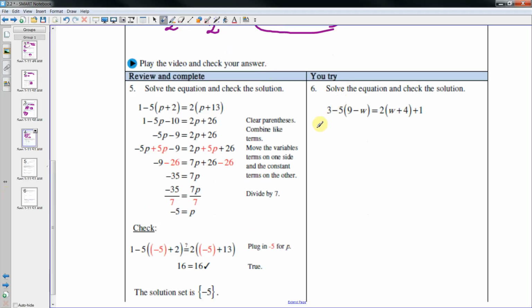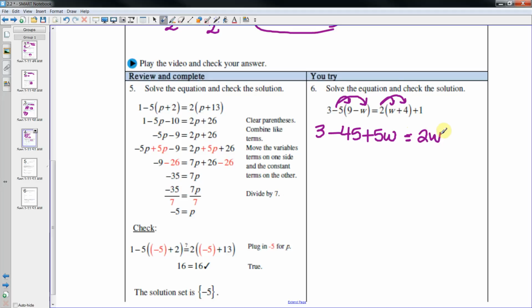So I'm going to take 3 and, now do not make the mistake of taking 3 minus 5 and putting negative 2 there. You cannot do the subtraction until you clear the parentheses. So negative 5 times 9 would be minus 45. Negative 5 times a negative w would be plus 5w equals, on the other side, I'm going to distribute the 2.